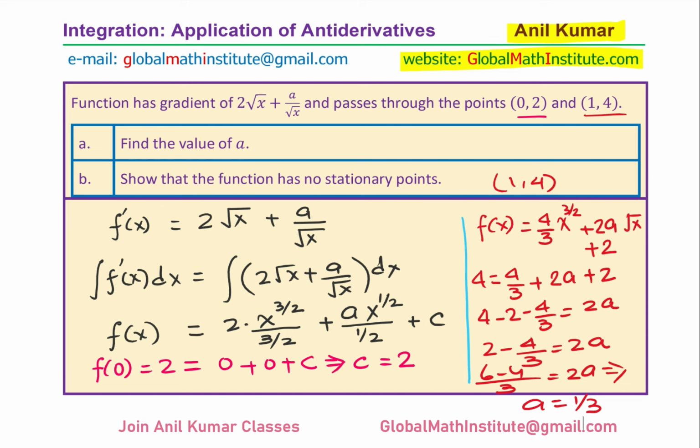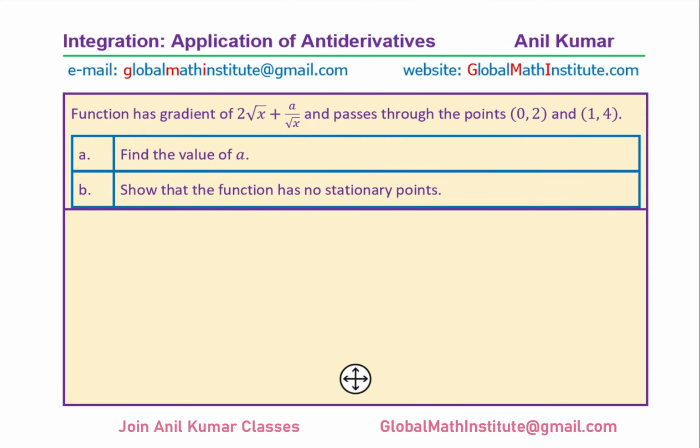Now, we have the value of a, which is equal to 1 over 3. Let us find the solution of the second part, which is show that the function has no stationary points. So let's go to a fresh page.